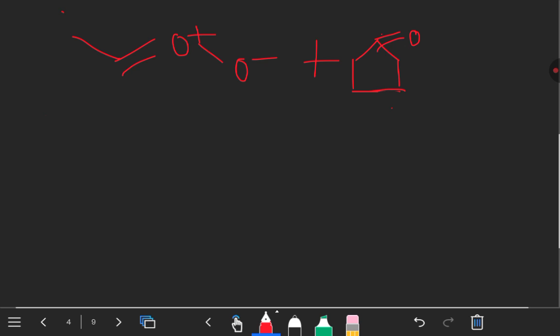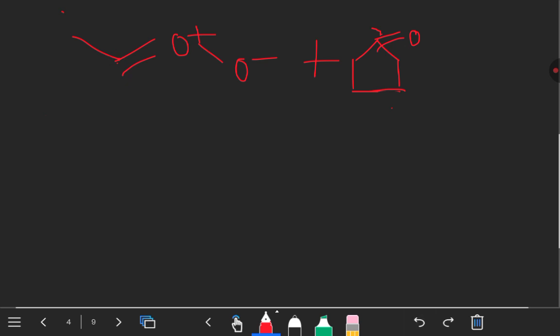So that carbon which is there, that double bond which is there, is going to attack the carbon which is there. So that bond which is there is going to break, attacking the carbon which is there.